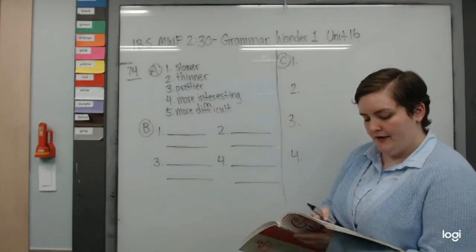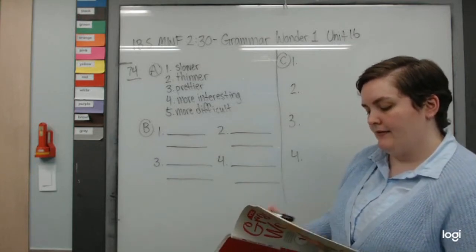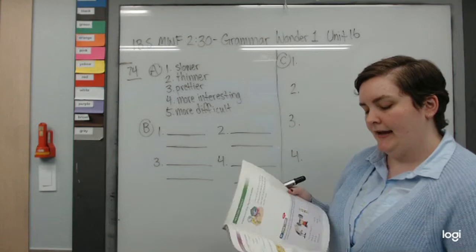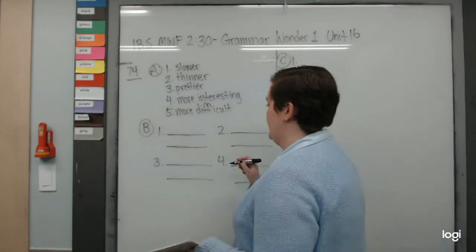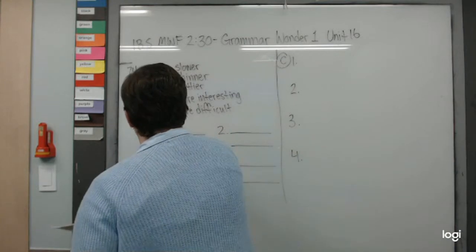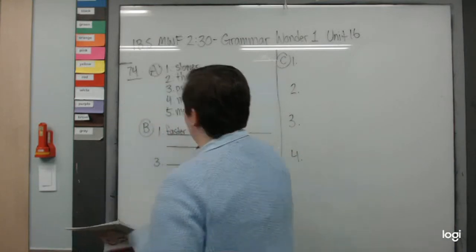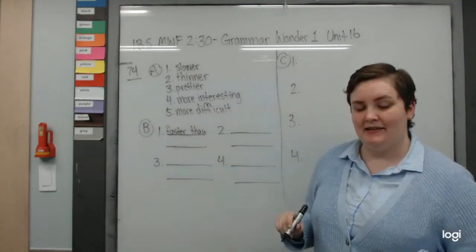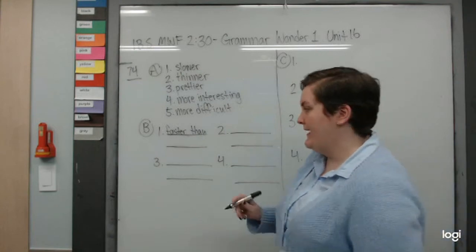Okay, number 1, if we look at the picture, Mike won the race. So Mike is faster than Fred. You need to write than. Fred is slower than Mike.